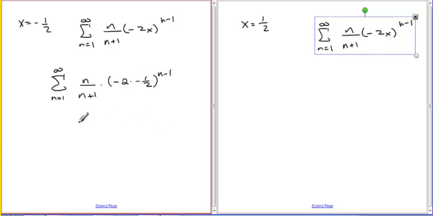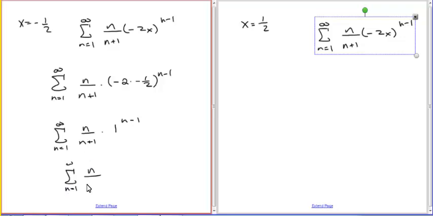So what do we have? We have n over n plus 1. Negative 2 times negative 1/2 is positive 1. And so 1 raised to any power is 1. So we can drop that term, and we get that series.